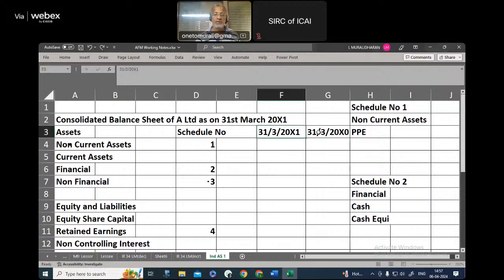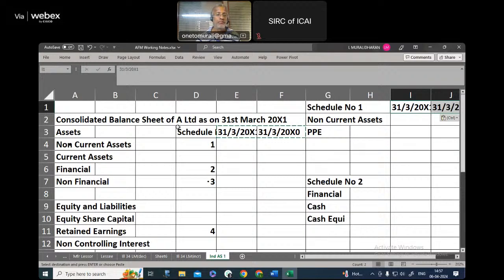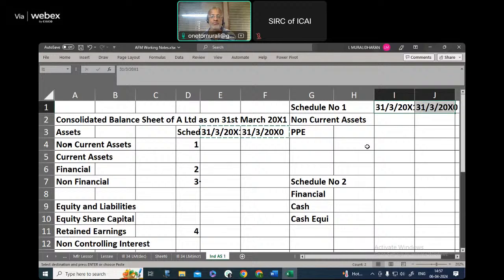So in fact, I will fix this in the next column, and keep these one column height, because for the schedule number and all that, we will keep it as small as possible.